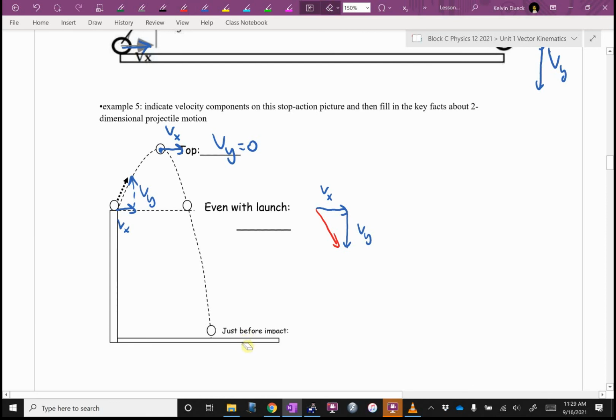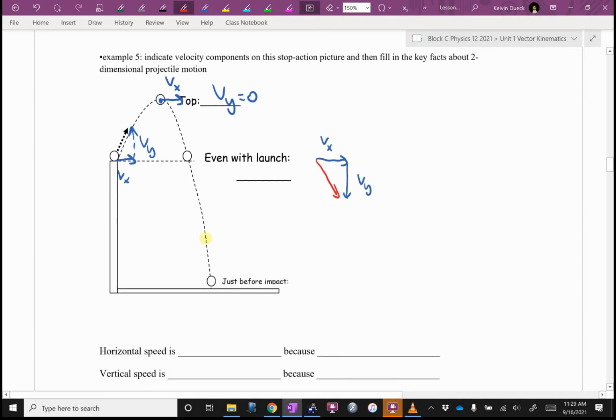What about just before impact? It's not 0 when you hit the ground. It would be a really, really big velocity, something like this, but it would still be made up of Vx and just a larger Vy. Same Vx as before.